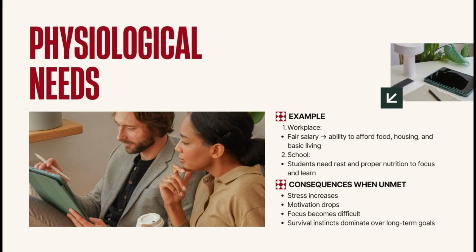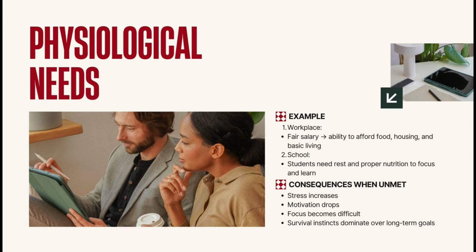For example, in the workplace, employees need a fair salary so they can afford food and housing. If these basic needs are not fulfilled, motivation and productivity will decrease. On the other hand, in schools, students need enough sleep and proper nutrition to stay focused and learn effectively.